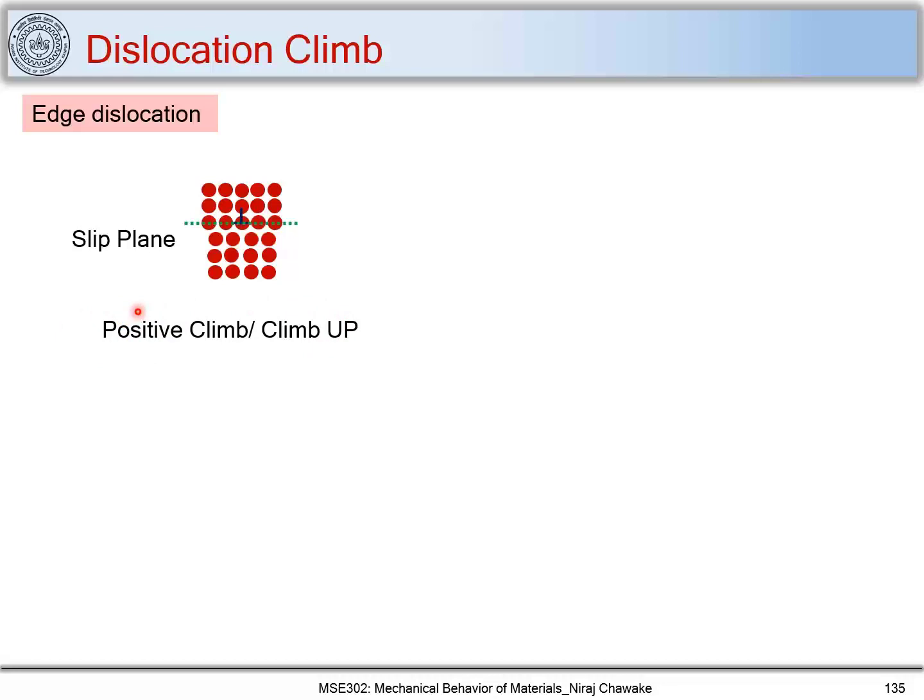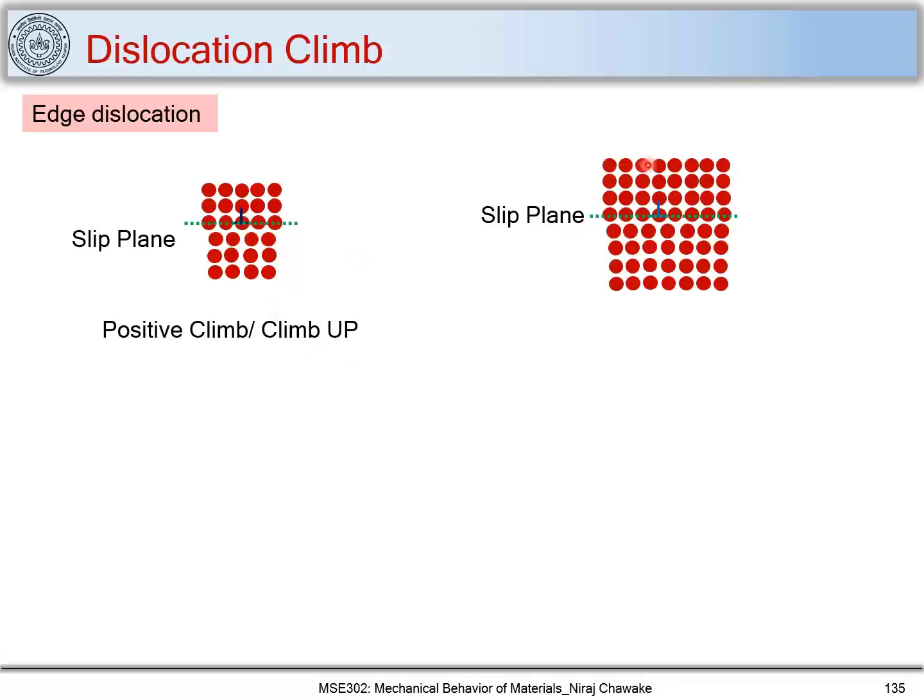Now, as you would have guessed, if there is a positive climb or a climb up process, there must be a negative climb or a climb down. So let's consider that too. So let's consider this edge dislocation and this is our slip plane, and let us have vacancies over here.